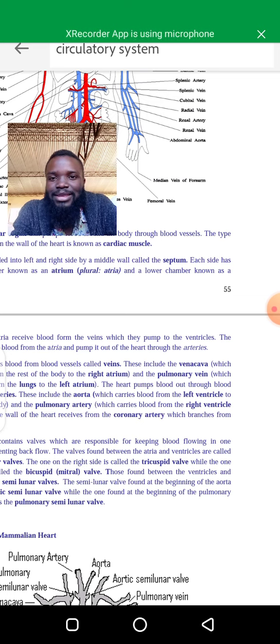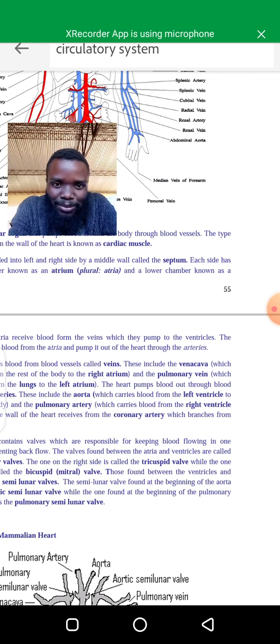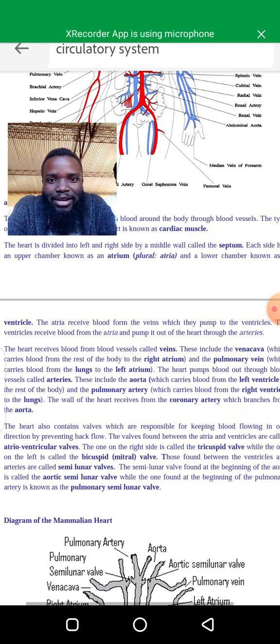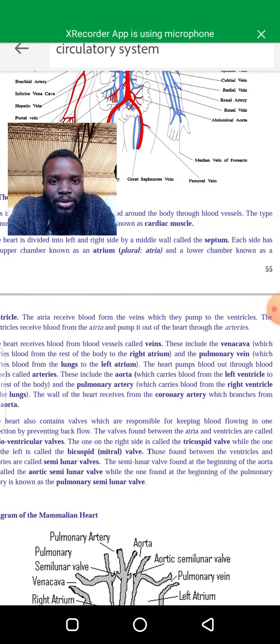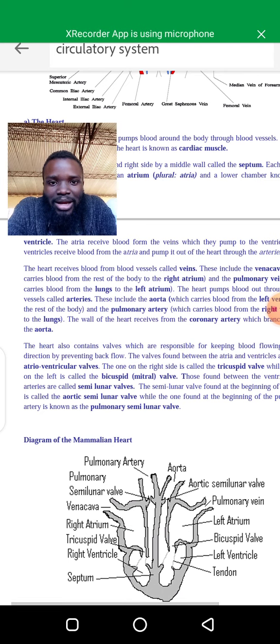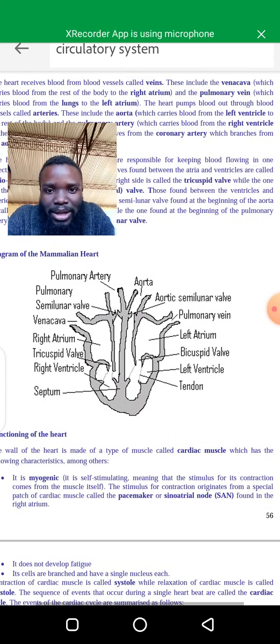What separates the left and the right is the septum, which has the upper chambers known as the atria. And then the lower chamber is known as what? The ventricle.